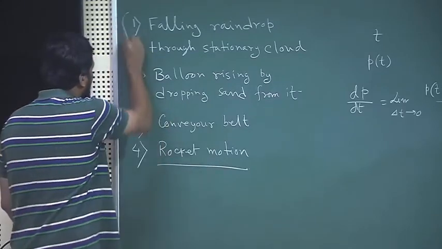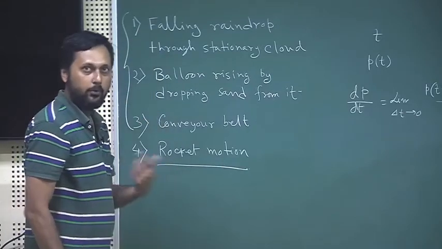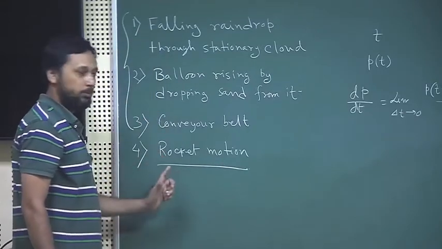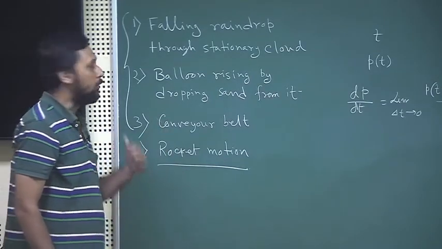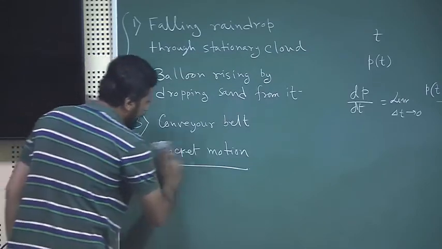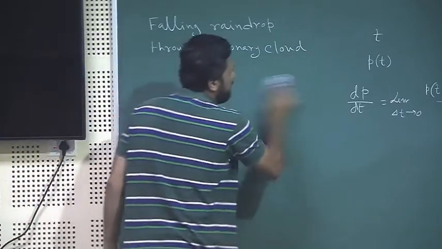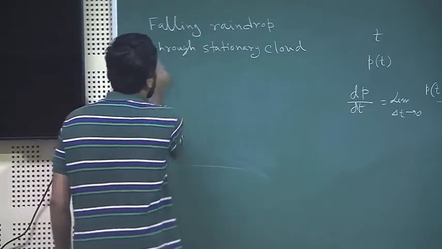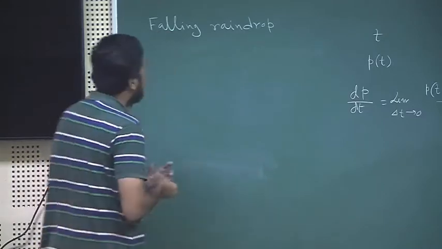So, in today's class we plan to take these three cases one by one and show you how to construct the equation of motion in each of the cases, and we will take illustrative examples of how to solve each type of problem. Okay. So, we will first start with the raindrop through a stationary cloud. Now, what happens here?